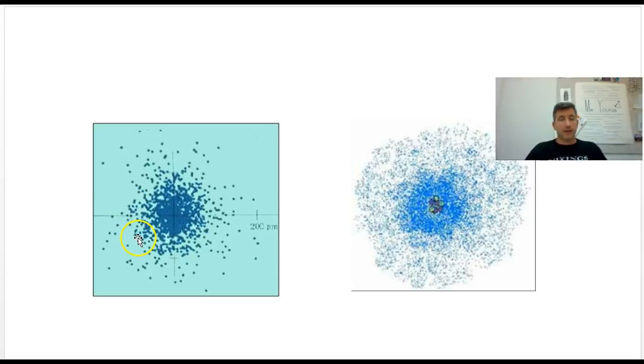Where is that electron if you were to snap 1,000 pictures and lay them on top of each other? Well, you would get that electron sometimes showing up way out here, most of the time showing up much, much closer to the nucleus. But you can see here it creates just sort of a cloud of probability of finding the electron. And then this picture over here on the right is just kind of the same idea.